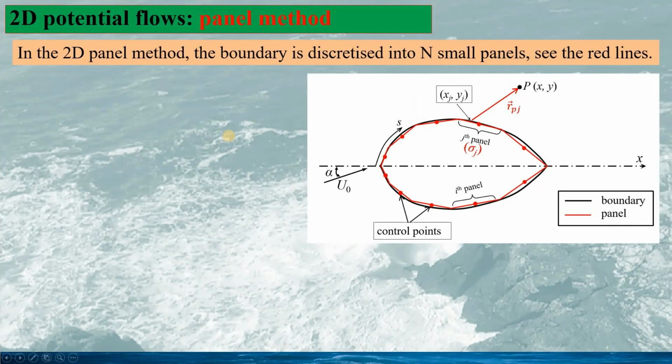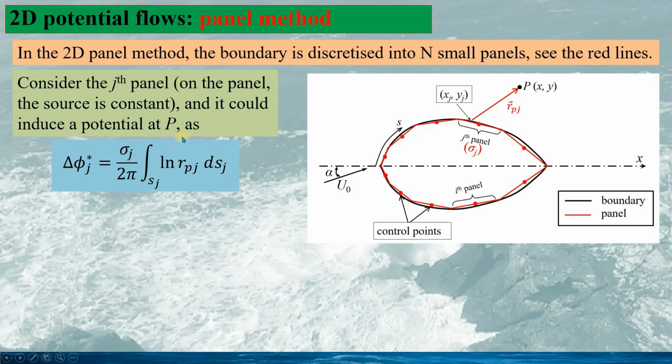In 2D flow, we can discretize the body surface into n small panels. See the net lines here. For the jth panel, the corresponding strength is sigma j, and the sources distributed on the jth panel would produce the potential function at P. It would be given as delta phi star j equaling this.